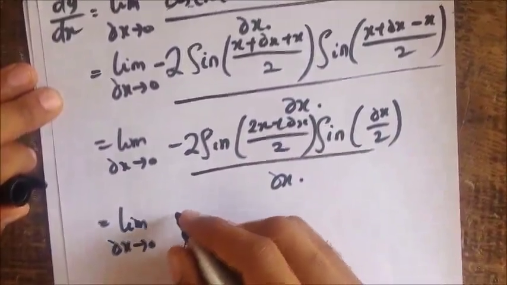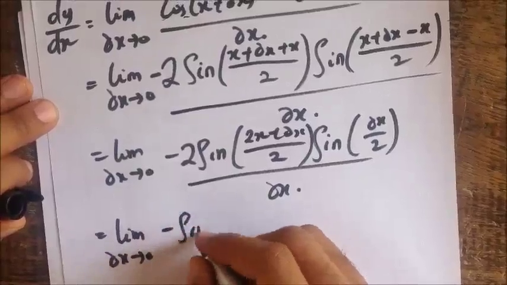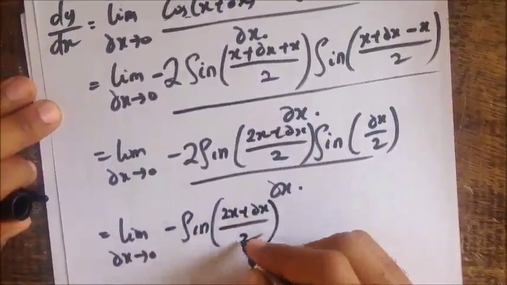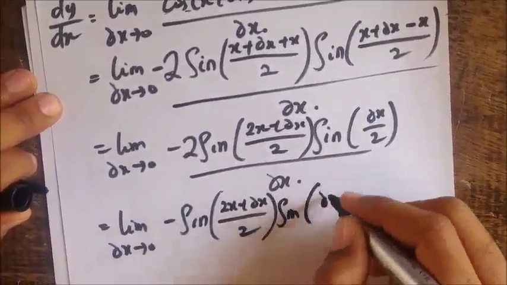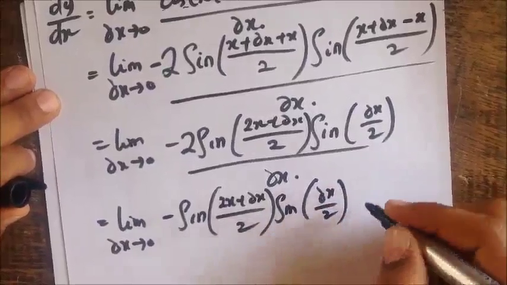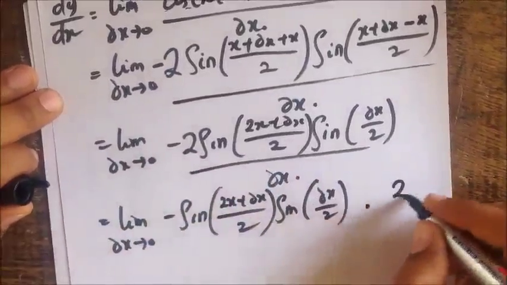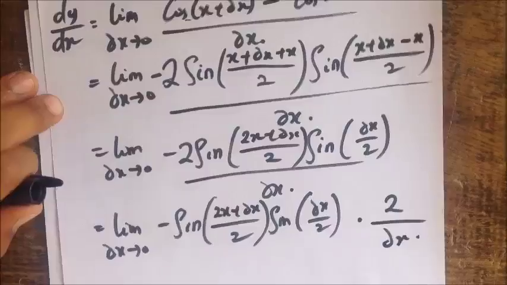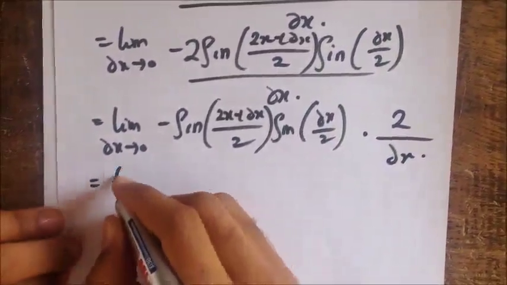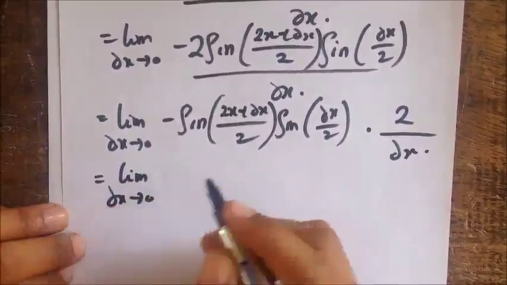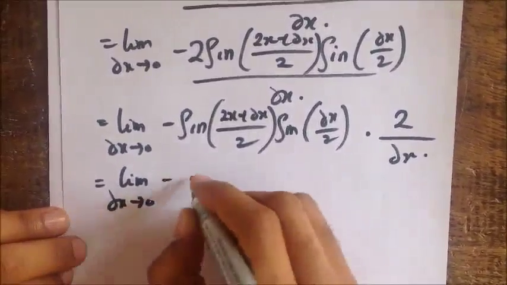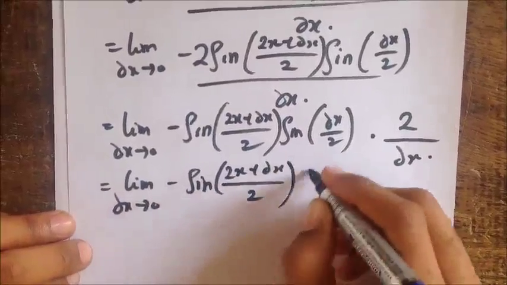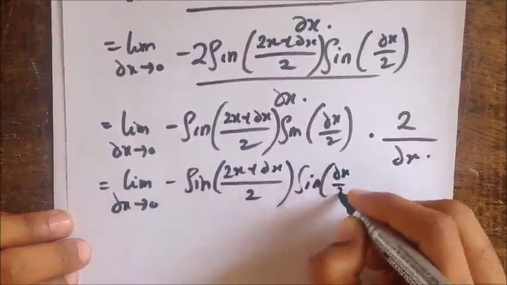So this is going to be minus sine of (2x plus delta x) divided by 2, into sine of delta x divided by 2, multiplied by minus 2. I just took the 2, the minus is still there, 2 divided by delta x. So the limit as delta x tends to 0 of minus sine of (2x plus delta x) divided by 2, sine of delta x divided by 2.